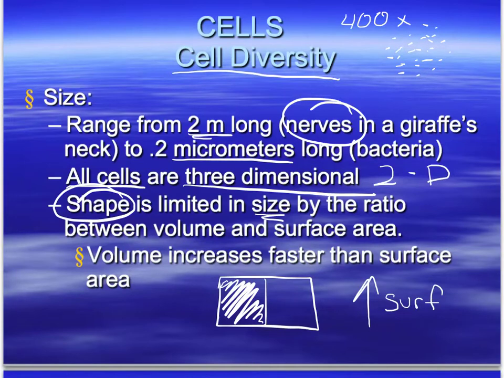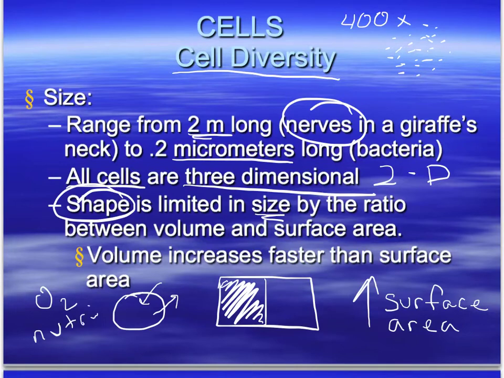Now when you think about it, the reason that we need a really high surface area is because our cells need to, the plasma membrane, or the outer layer of our cells, needs to allow things to come in and things to go out. But mostly it's for absorption of things like oxygen and any kind of nutrients that we would need.